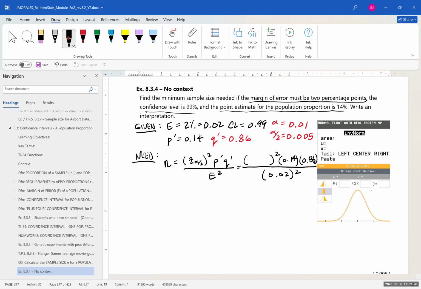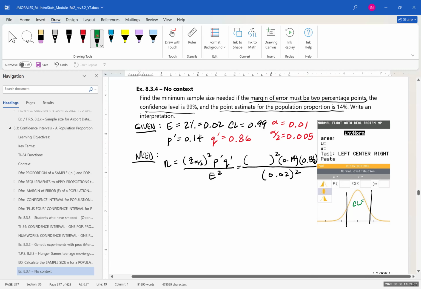Looking at our distribution, we have a confidence level of 0.99, which is this area here. And the significance level divided by 2 is 0.005, which is this area here.